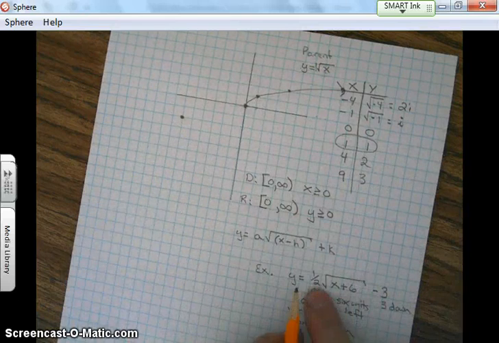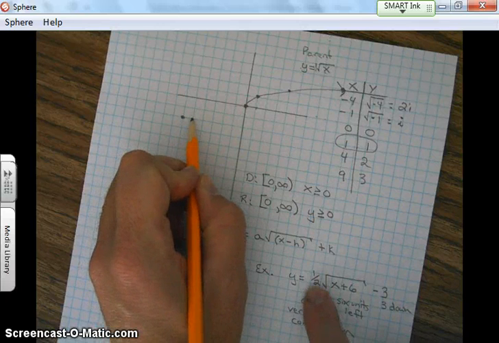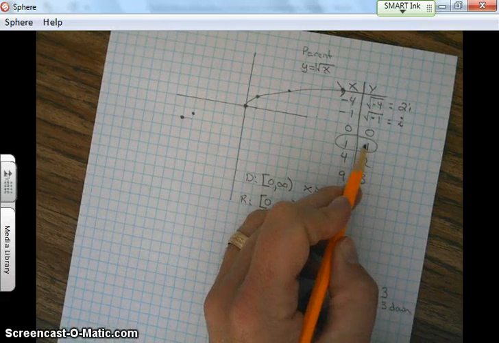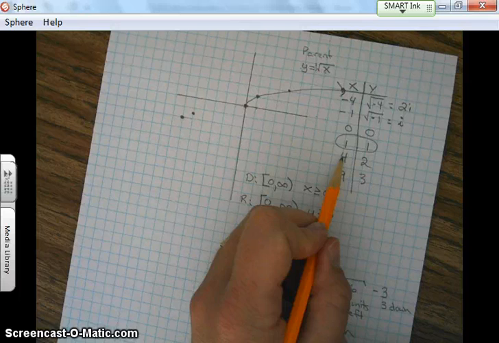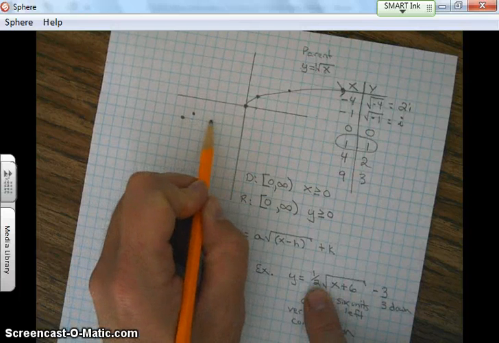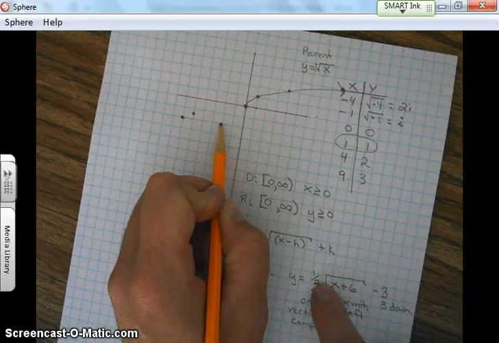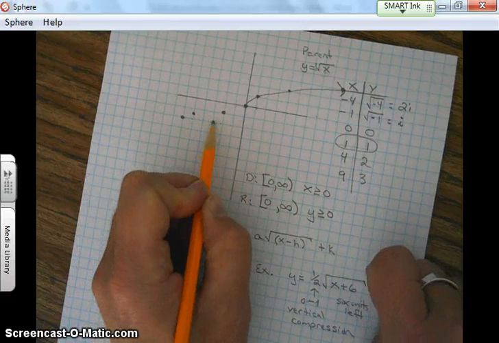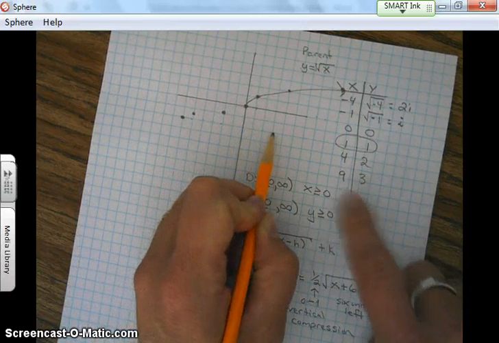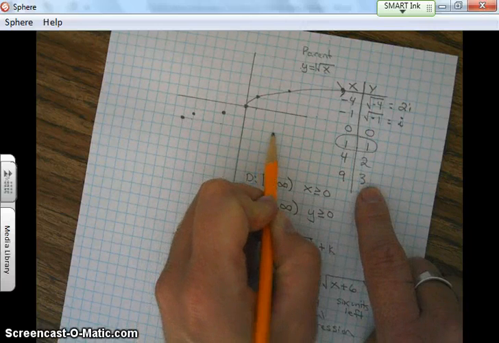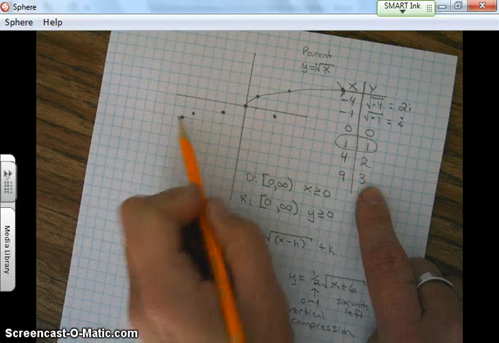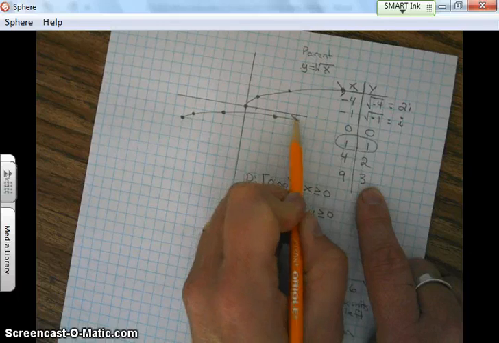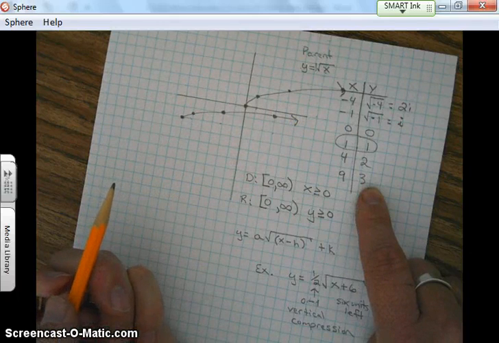So here, it would be over 1, up 1/2. Half of 1. Okay? So the next one would be over 4. 1, 2, 3, 4. And then half of 2 is 1. Then over 9, and half of 3 is 1.5. So notice how our graph is compressed.